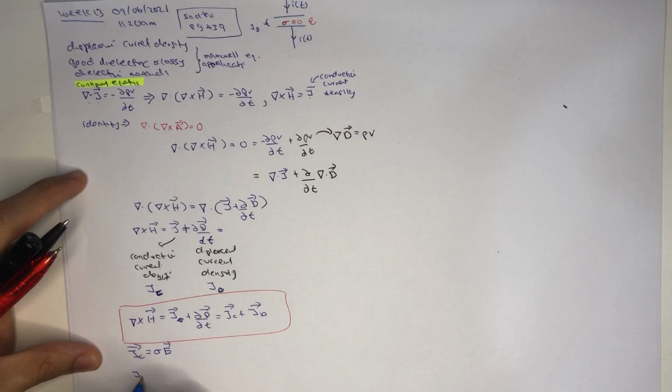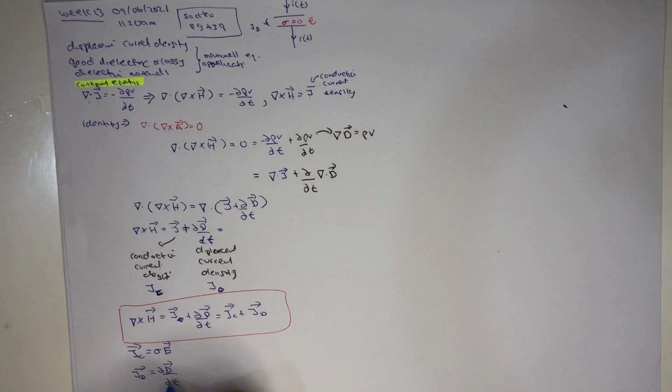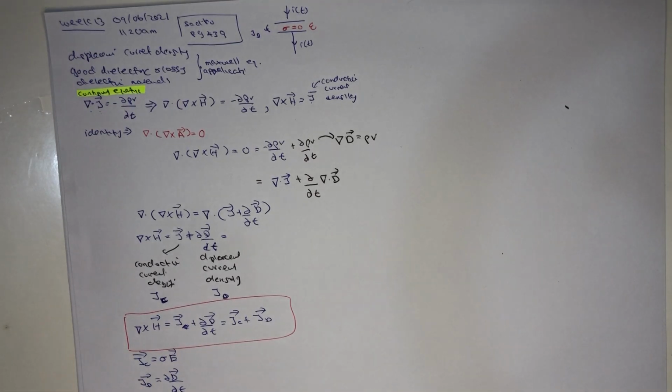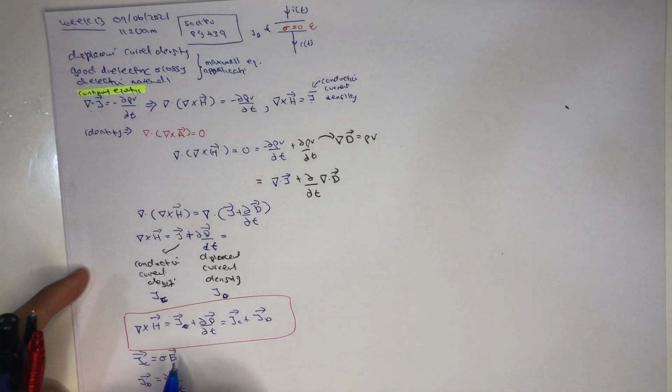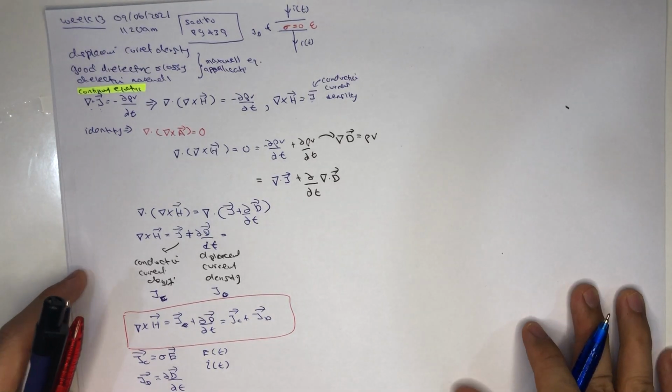And how about your JD? JD is, just like what we can see here, dD over dt. You also know later on we can relate this D with your epsilon E. Am I correct? So a time varying magnetic field produces a time varying E field and vice versa. If you have this varying with time, of course your E will vary with time, and your I also will vary with time, and vice versa.